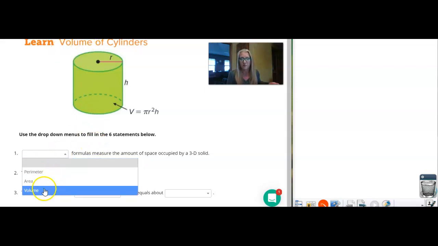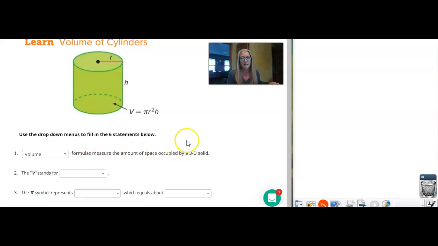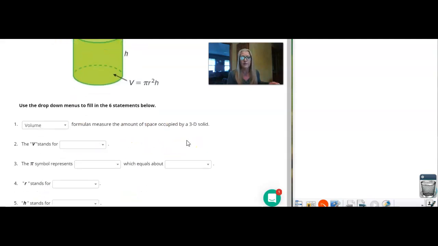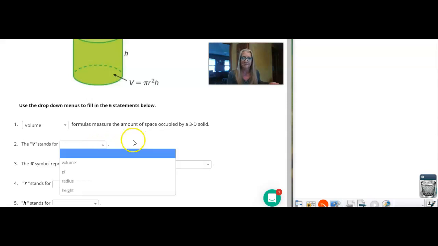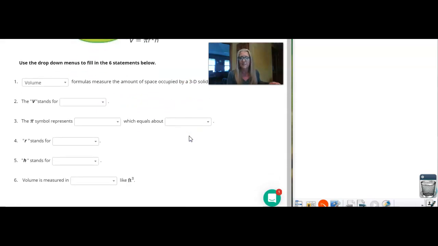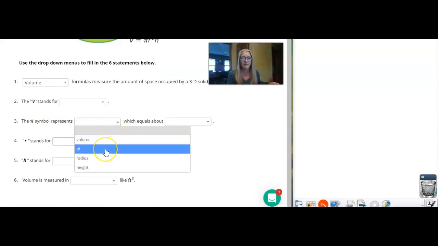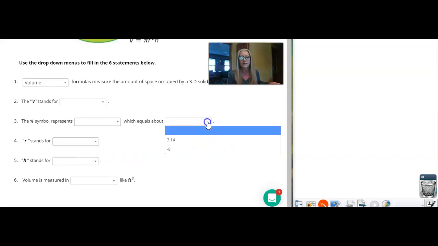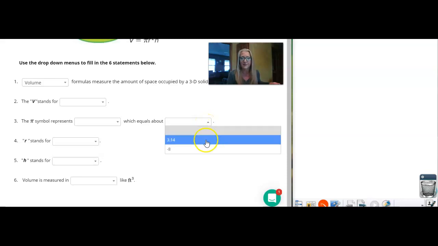So volume would be the one you would want to select because volume formulas tell you how much space. V stands for, guess what? You guessed it, volume. The pi symbol represents, I gave that one away, didn't I? Which equals about 3.14.